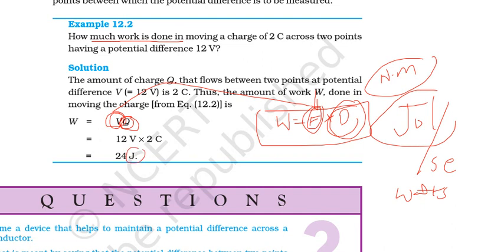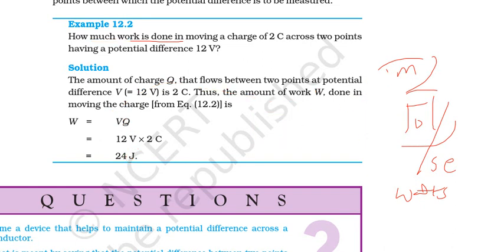Now concentrate here. The problem is: the charge is 2 coulombs across two points having a potential difference. Potential difference means, don't be confused, guys. My sincere request is that in electric current you have to depend on units, not on the numerical statements.